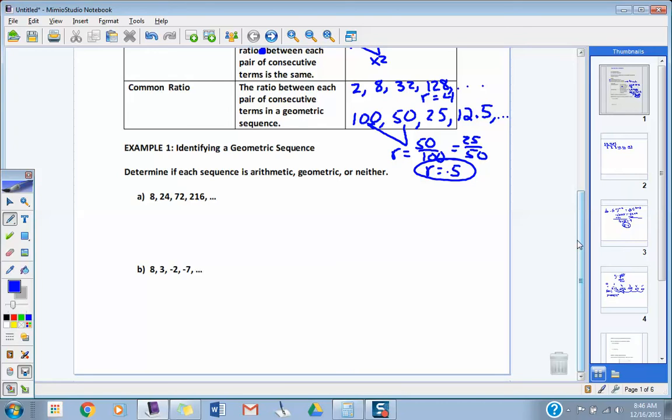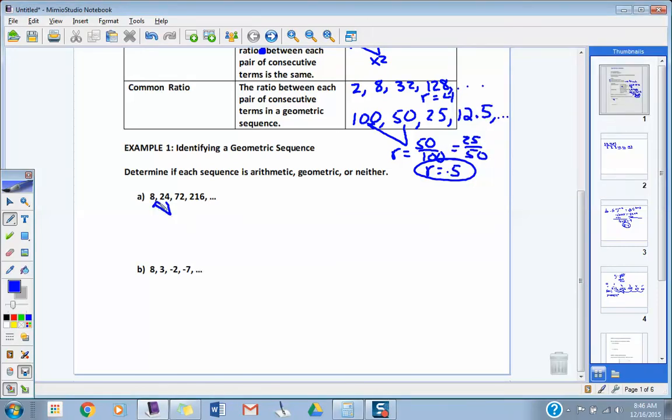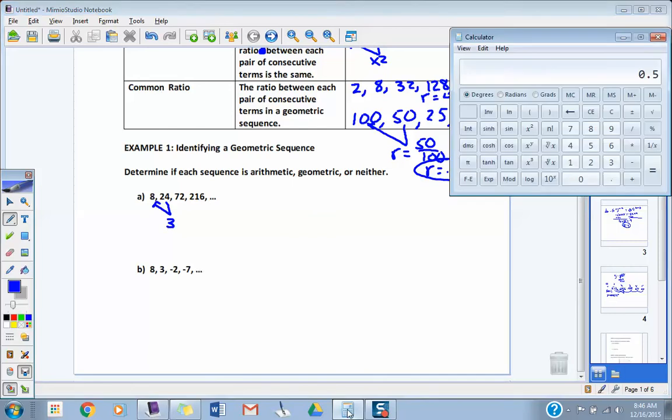If I go 24 divided by 8 right here, what is 24 divided by 8? Okay, we get 3. If I would check 72 divided by 24, what do I get again? 3. If I would do 216 divided by 72, 3 again. I'm going to make a note here.